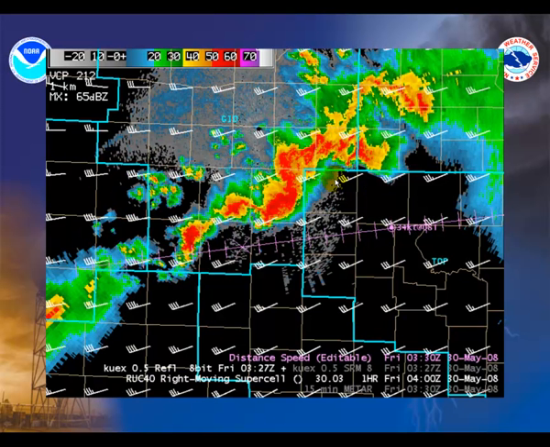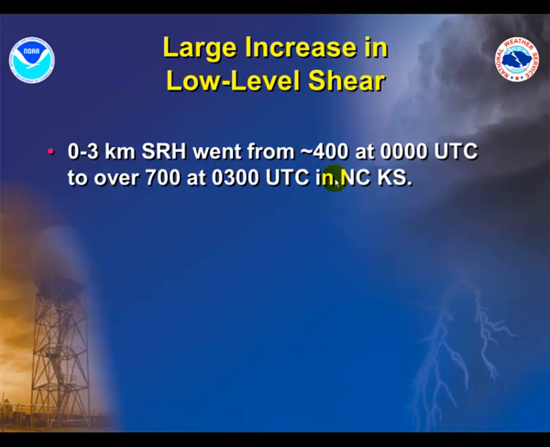And you can see that if you're expecting, based on persistence, as well as what the ID method would give you as a prediction for this storm, that it wasn't going to go very well.